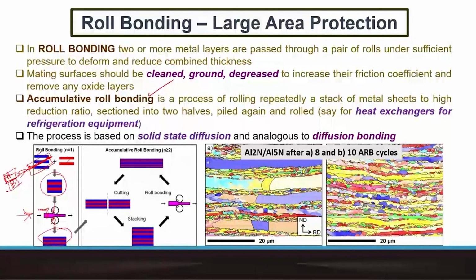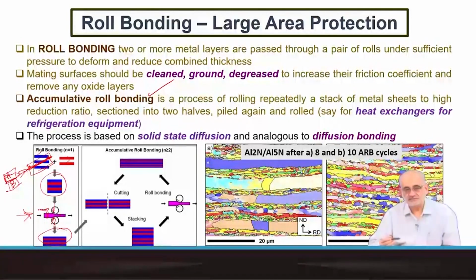Now this is very useful for applications where we are dealing with large surface area, say big sheets, which could typically be used for heat exchanger applications, refrigerators, or maybe even carburetors, where we are talking about large surface area and thin sections.